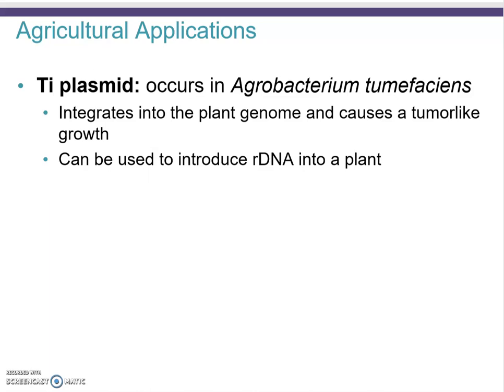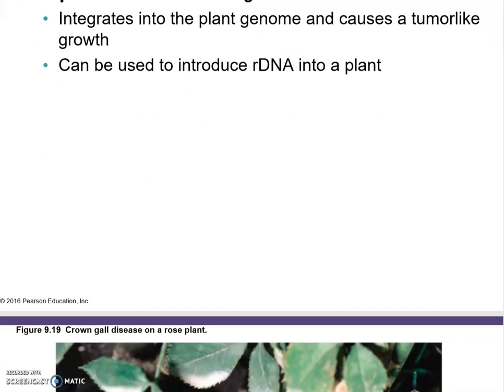You manipulate the Ti plasmid and put it into the bacterium, then the bacterium infects the plant and inserts the plasmid and all of the genetic information found on the plasmid into the plant, and then it can lead to genetically modified plants. So you can use the Ti plasmid and Agrobacterium tumefaciens to introduce recombinant DNA into a plant.